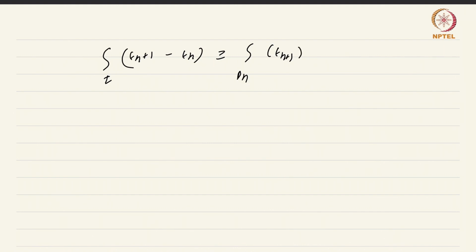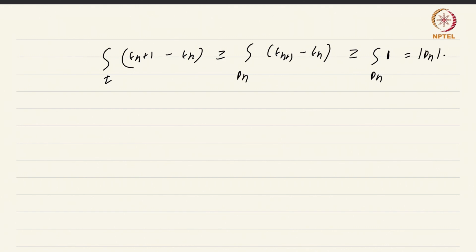Note here I'm using the fact that T_{n+1} minus T_n is non-negative, and this is of course greater than or equal to the integral over D_n of 1, right? Because on D_n, T_{n+1} minus T_n is at least 1, and this is just the length of D_n.